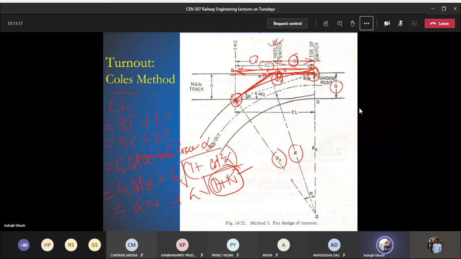We know the value of n for the normal route can be 16. So if you square 16 plus 16 square plus 1, it is almost equal to n. That's why Gn plus Gn is equal to 2Gn.